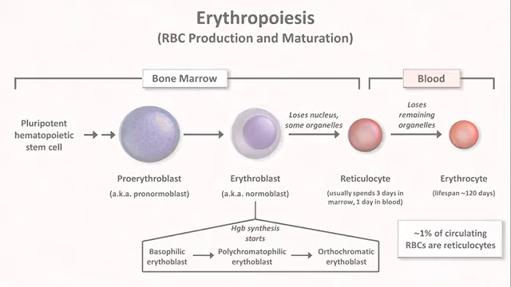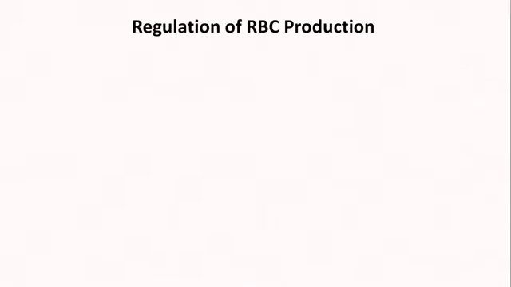How does the body regulate that production of red blood cells? While it may seem obvious for there to be a downside to having too few red cells, like decreased oxygen carrying capacity of blood, there's also a downside to having too many red cells. For one, the body will be wasting energy and other resources to produce them. But more importantly, red blood cells are a major contributor to the viscosity of blood.